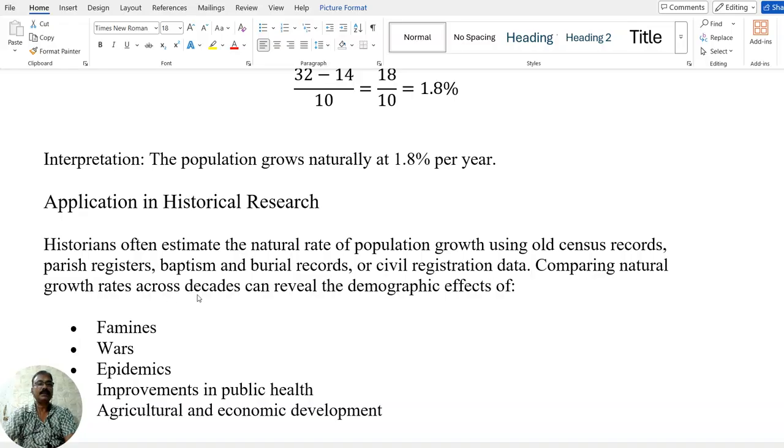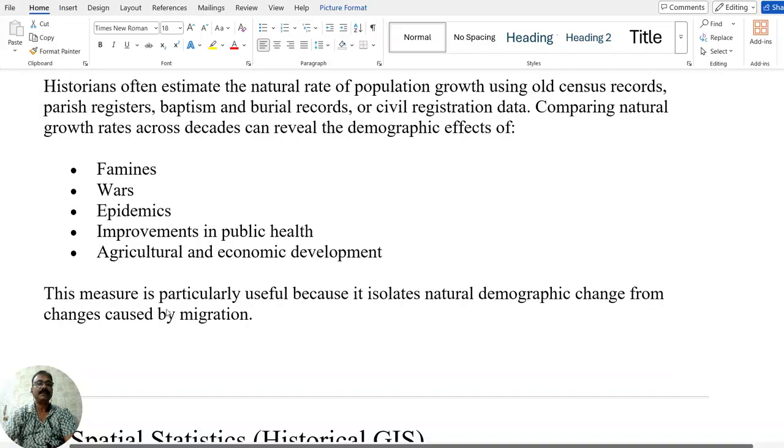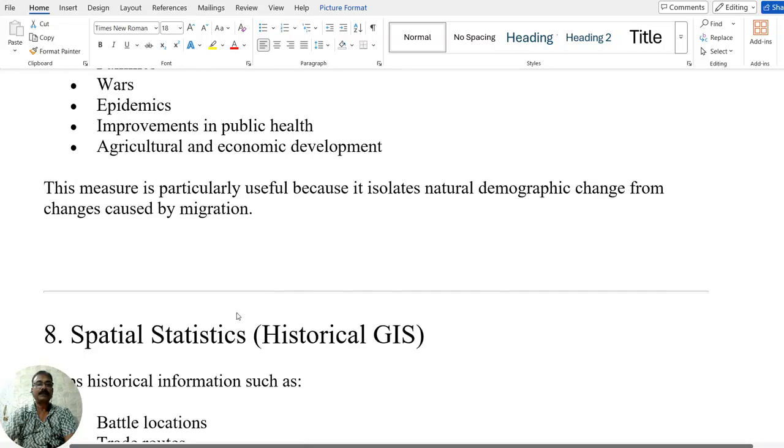Comparing natural growth rates across decades can reveal the demographic effect of famines, wars, epidemics, improvement in public health, agricultural and economic development. This measure is particularly useful because it isolates natural demographic change from changes caused by migration.